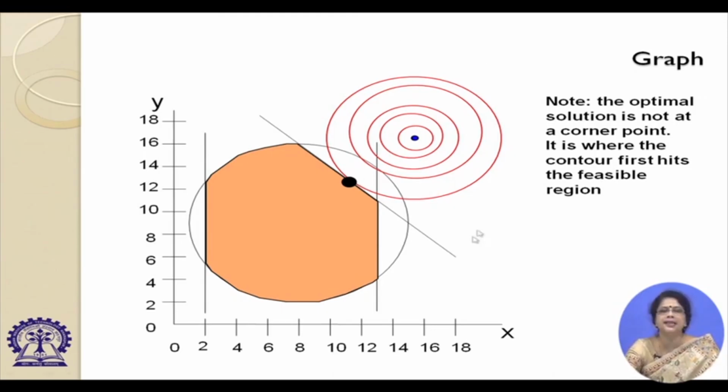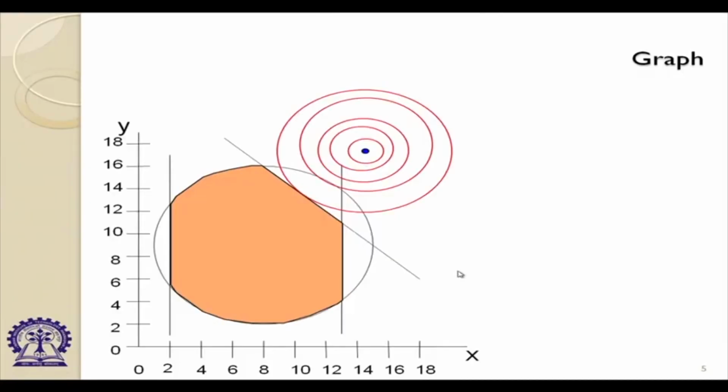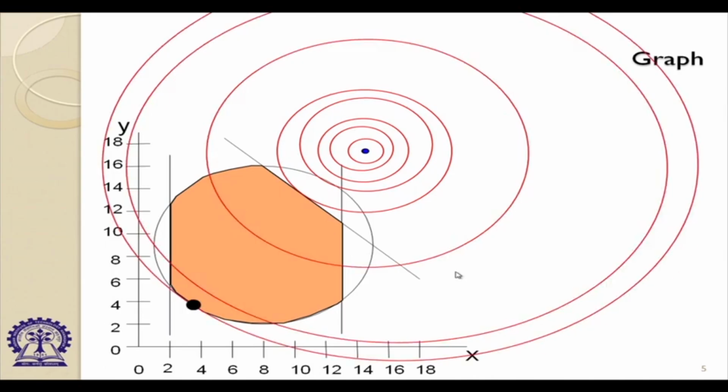Now, I am extending this problem for the maximization type. That is why this objective function is moving further and further. What did you see? Once this objective function contour is touching, that is the last possible position for the objective function to remain within the feasible space.